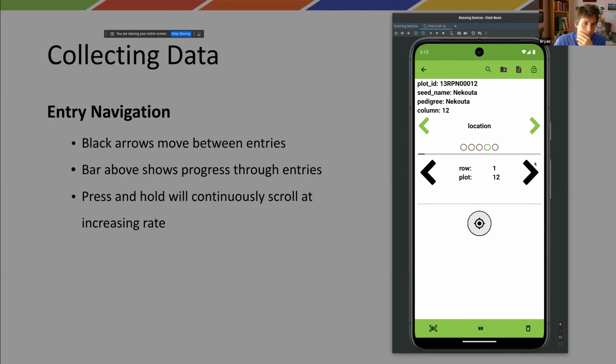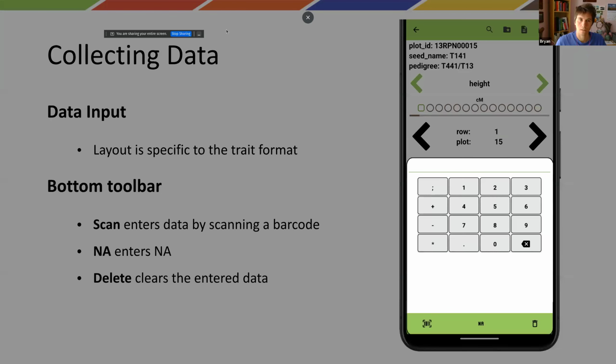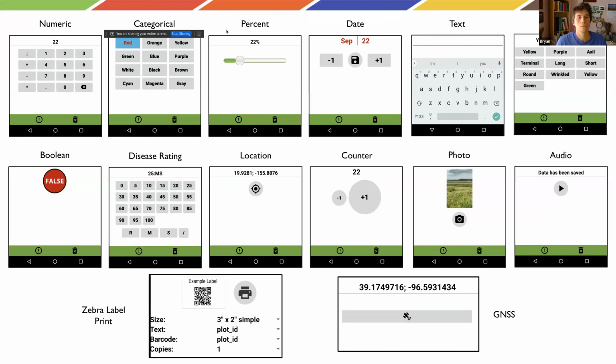One thing that I find very helpful is enabling a quick go-to, which will make these fields editable and let you, for example, type in a plot number to jump to a specific plot. But we can take a look at that in a moment here. Right, okay, and so we're just looking at some of the sample trait formats.